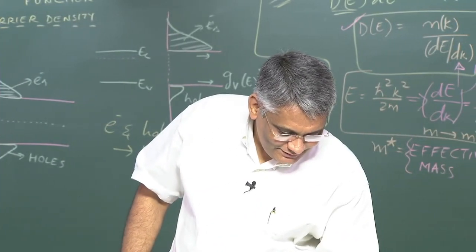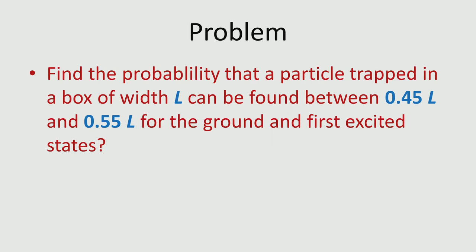You get an answer for this provided you do this problem. Find out the probability that a particle trapped in a box of width L can be found between 0.45L and 0.55L for the ground and the first excited states.